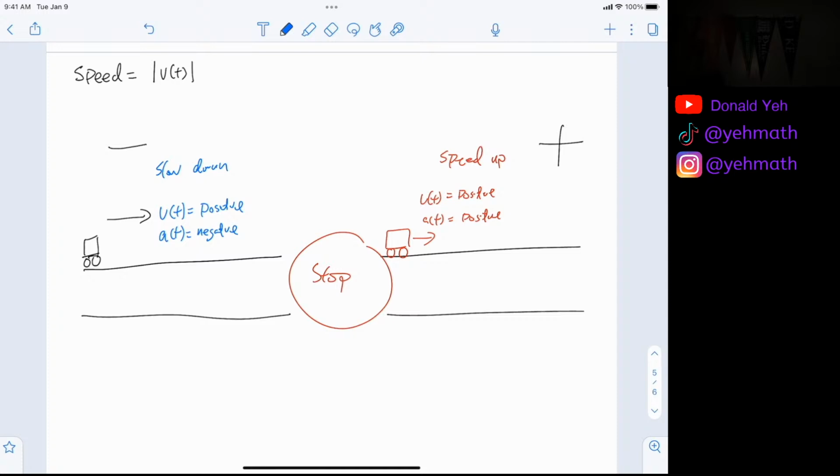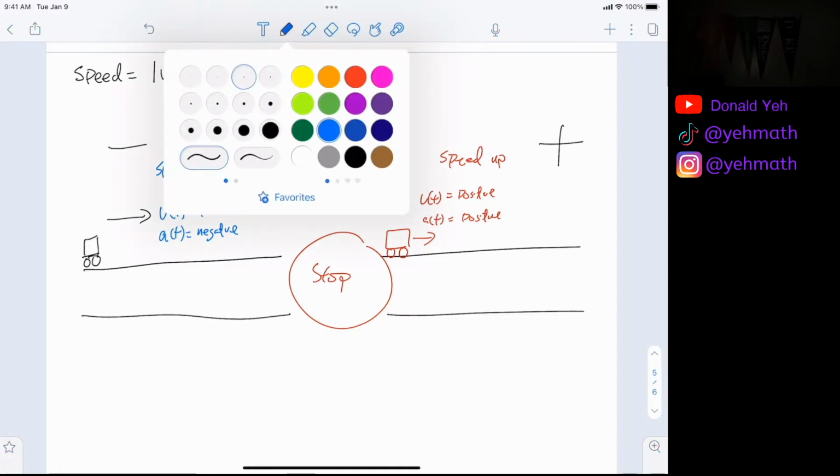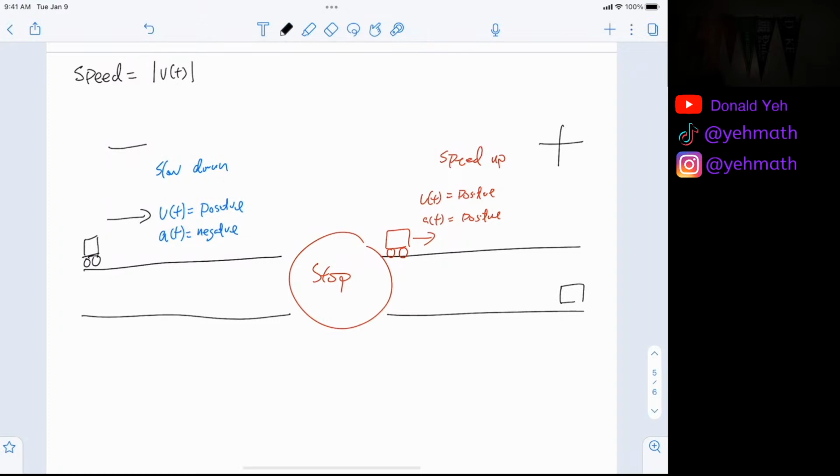Now, when you go in the negative direction, things change a little bit. Let's say the car is going this way. What's my velocity? Negative. Velocity is negative, because I'm going in the negative direction. How about my acceleration?